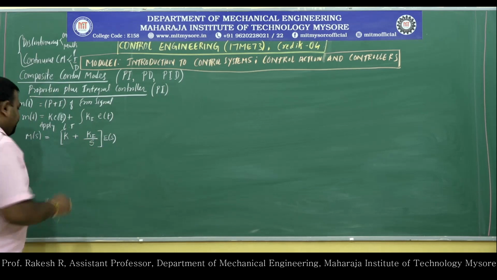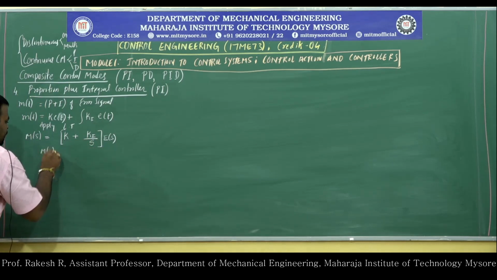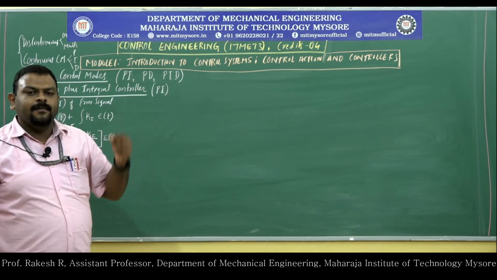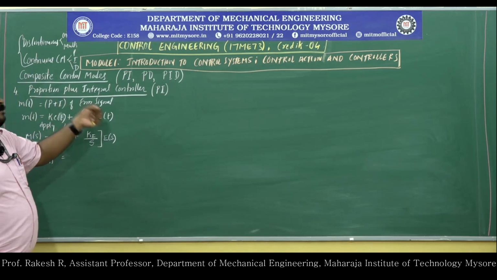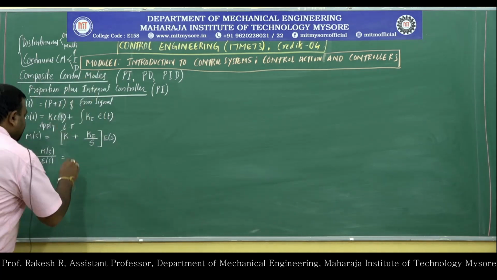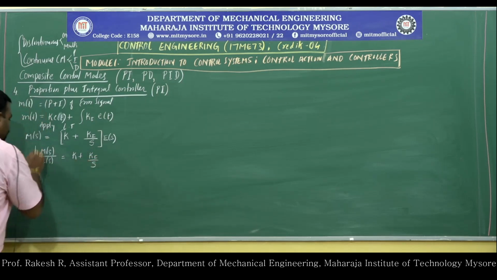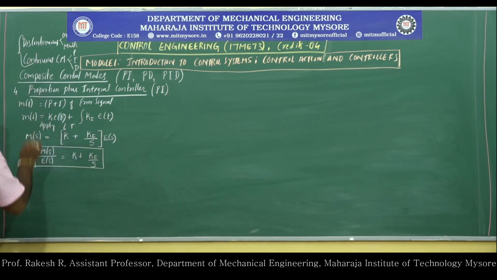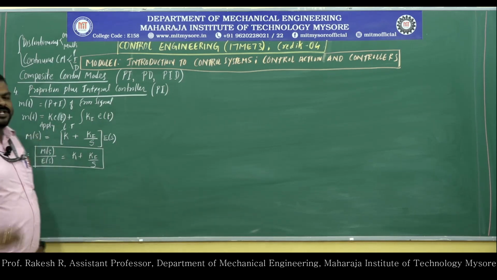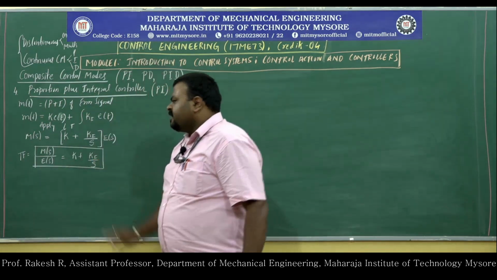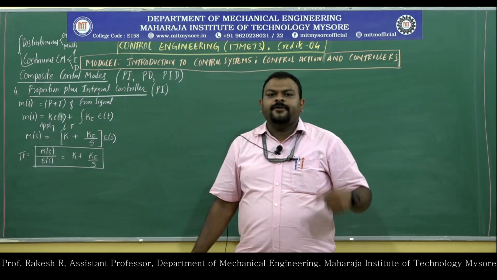When you take the ratio M of S divided by E of S, this is nothing but the transfer function, or mathematical model, for the proportional plus integral controller. It will be K plus Ki by S. So this is the transfer function for the proportional plus integral controller, or PI controller. In this equation you have two terms.